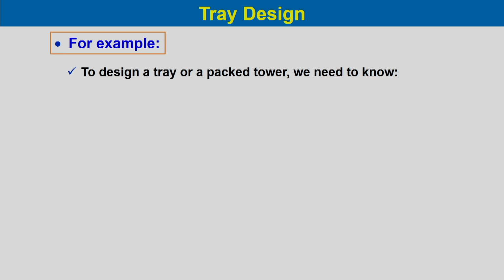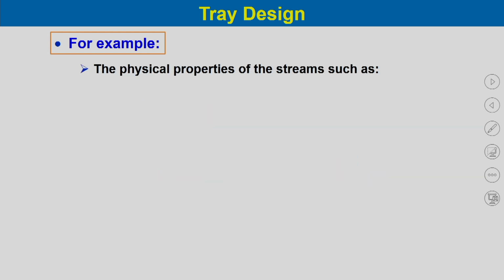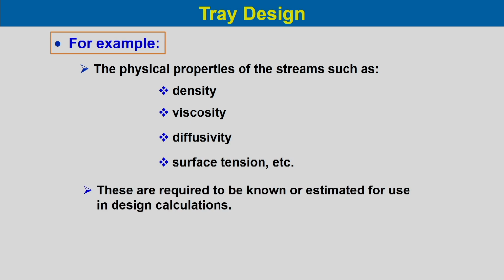For example, if we take a tray or a packed tower, we need to know the flow rates, the compositions, the temperature of all liquid and the gas or vapor streams entering and leaving the tower, and then the operating pressure. So, these are required. The physical properties of the streams are also required, such as density, viscosity, diffusivity, surface tension, etc. These are required to be known or estimated for use in design calculations.